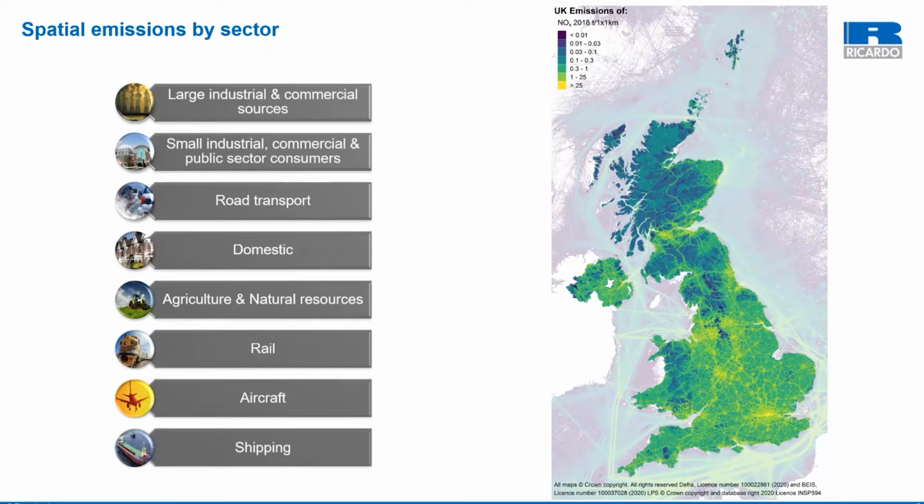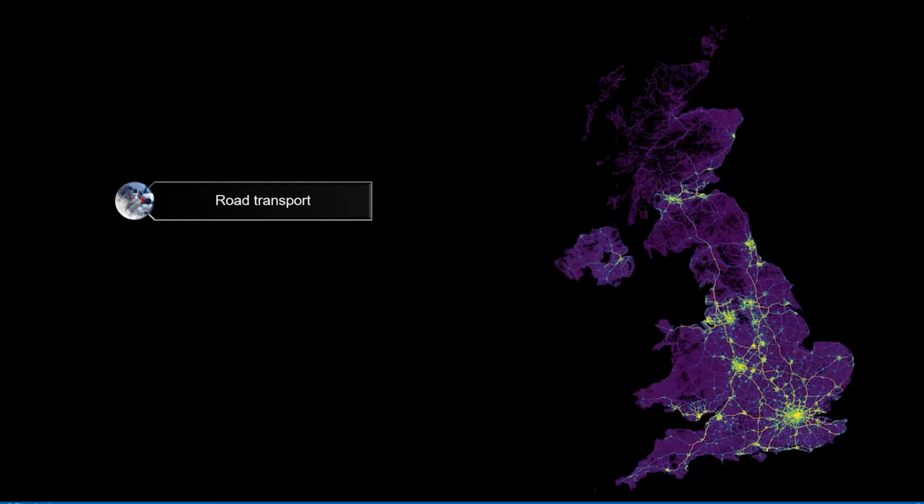If we take a closer look at some of the sectors, here we see road transport, where the emissions across the motorways and the major roads, also within the big urban areas, are very noticeable through this map.